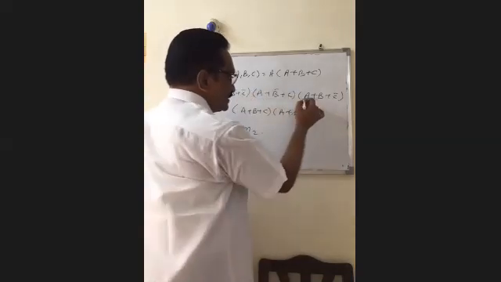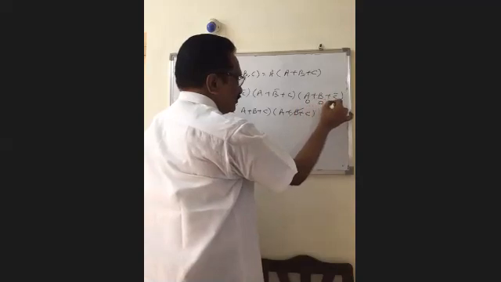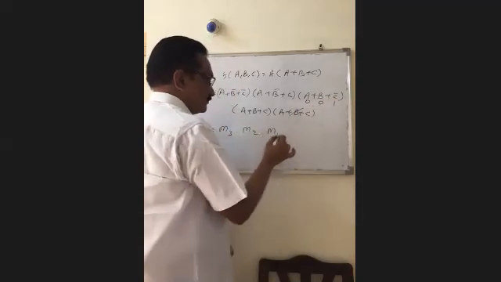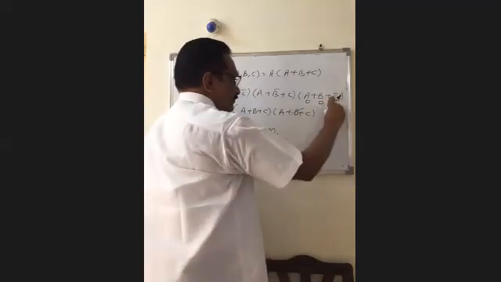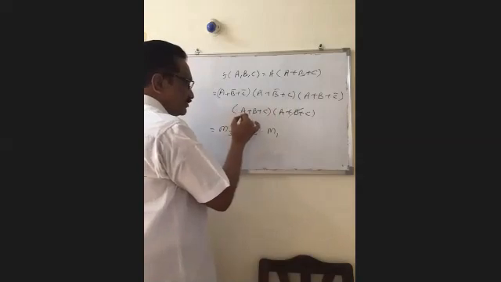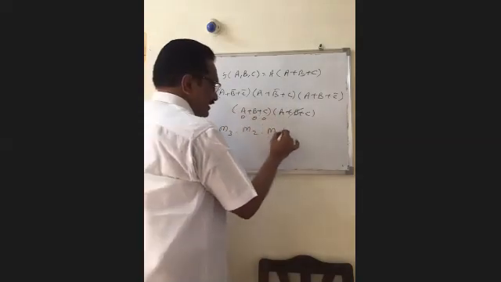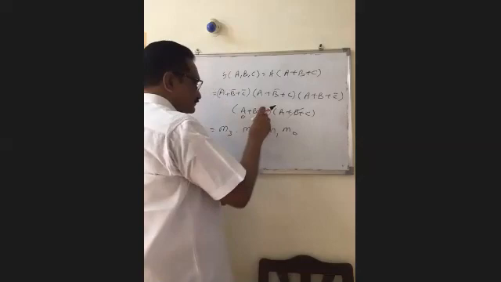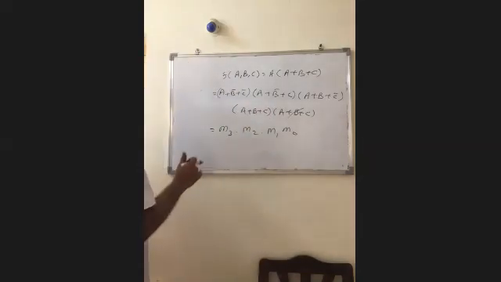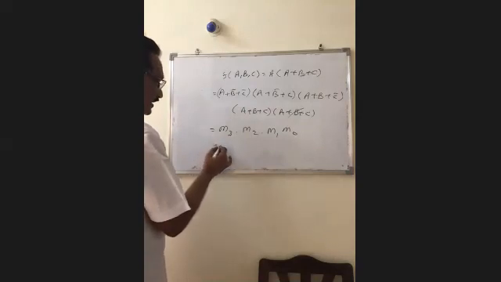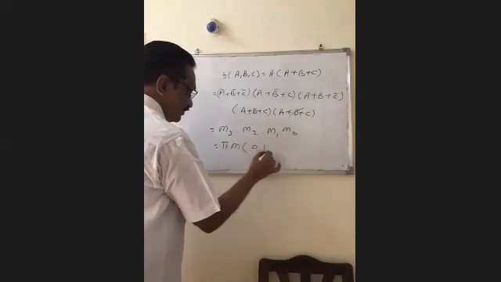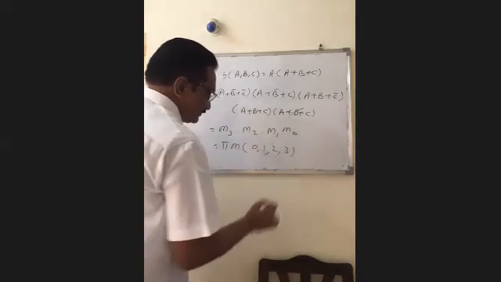Now in this case, 0, 0, 1, so M1. For this one, 0, 0, 0, that is M0. So finally write pi capital M of 0, 1, 2, 3.